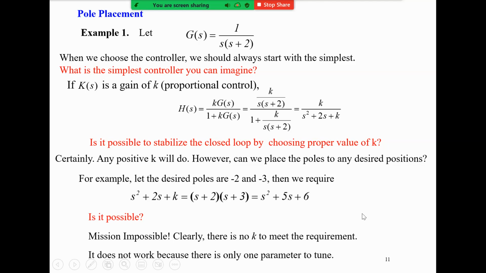It doesn't work because in this controller there is only one parameter for us to design. Then we realize that the controller needs more degrees of freedom. So how do we add more freedom to the controller?